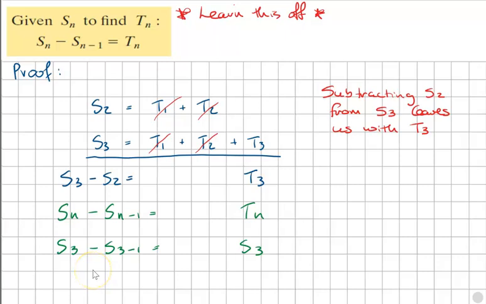So just going back to our S3 and S2 again. If Sn is S3, then Sn minus 1 is S3 minus 1, which is S2. And again, that gives us T3. So this is the proof behind the rule at the top in the yellow box.